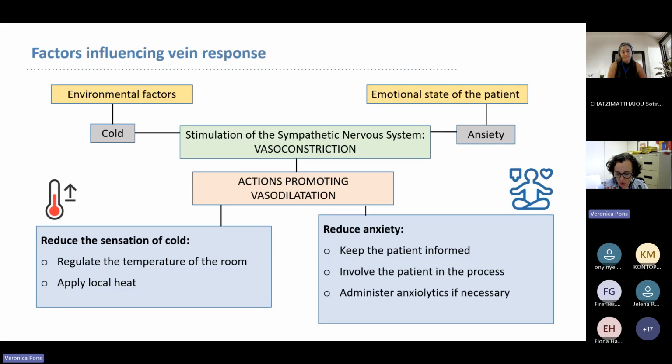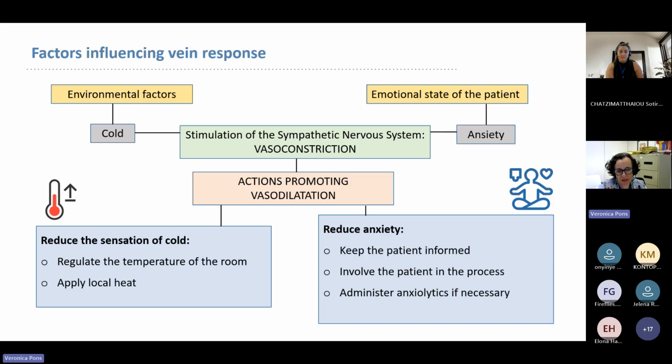There are two important factors for me for venous access, and despite their simplicity, they are very important. One is cold, which can cause vasoconstriction, and the other is anxiety or fear. What can we do for our patients? We can reduce the sensation of cold by regulating the room temperature and applying local heat.